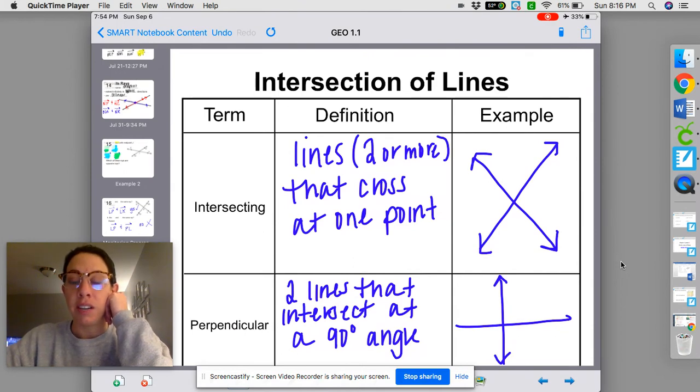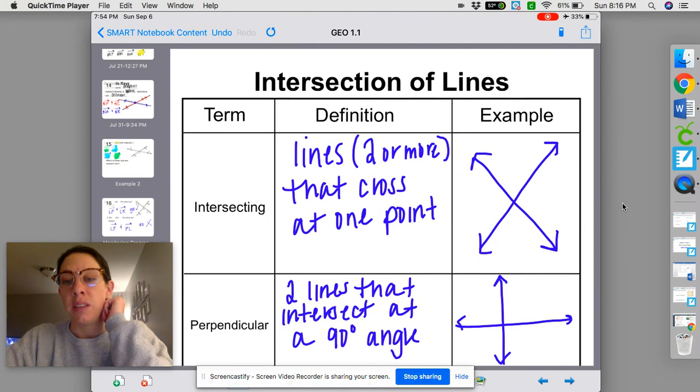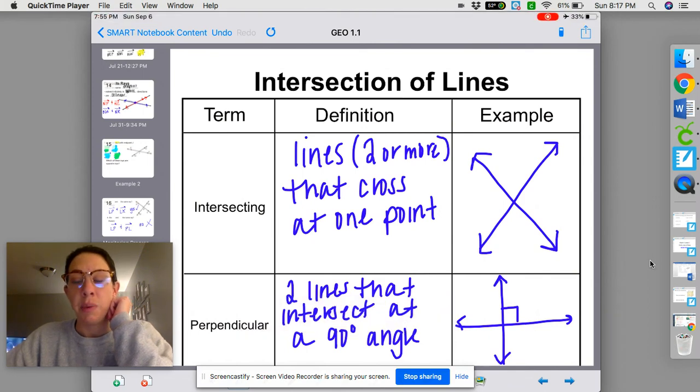It might look very, very close, but in geometry, we always have to be sure. So we can't assume unless it's labeled, and the way it will be labeled is with this 90-degree box right there. That represents that they indeed intersect at a 90-degree angle, and we can be sure. But if it's not labeled, then we can't assume, and again, it has to be labeled for us to be most accurate.